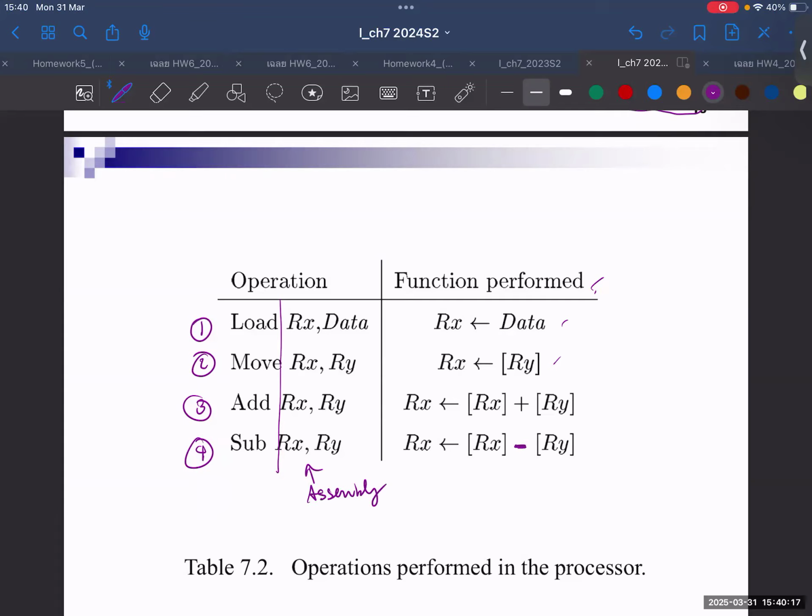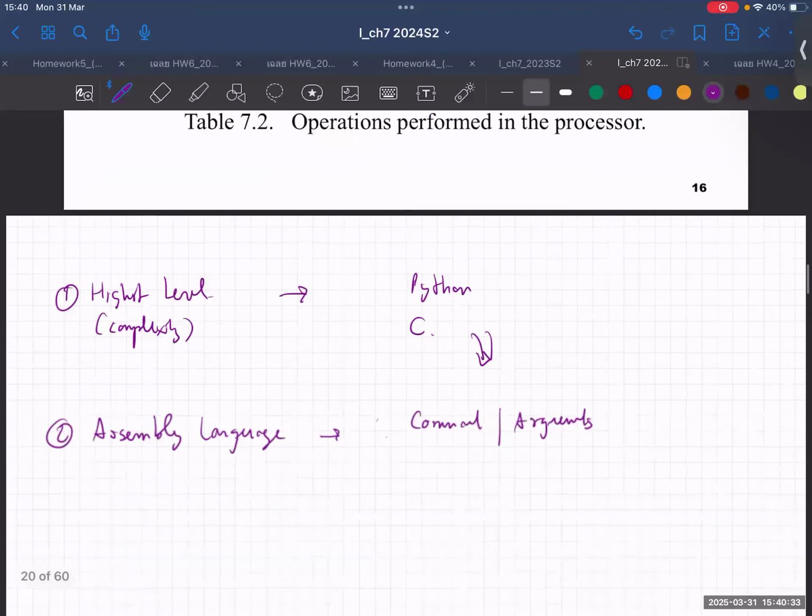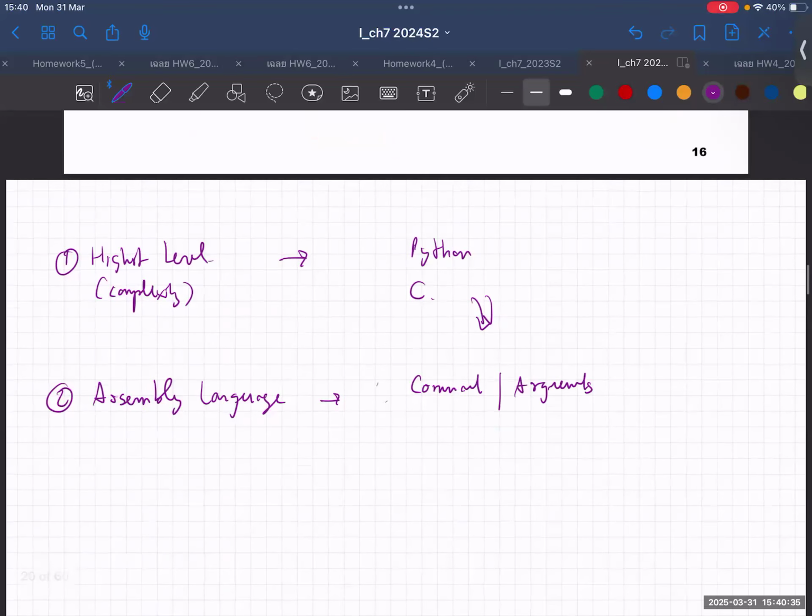It tells you what to do. For example, load. What is load? What is move? What is add? Sub. Usually it will give you just a short name. For example, they use sub for subtract, or for multiply they use MUL, to shorten it. And of course, it depends on the computer.